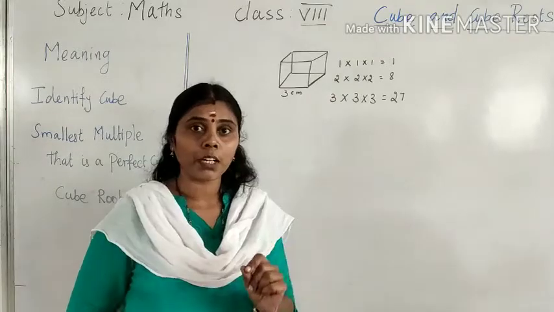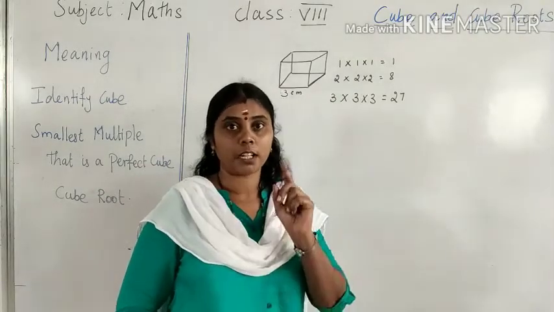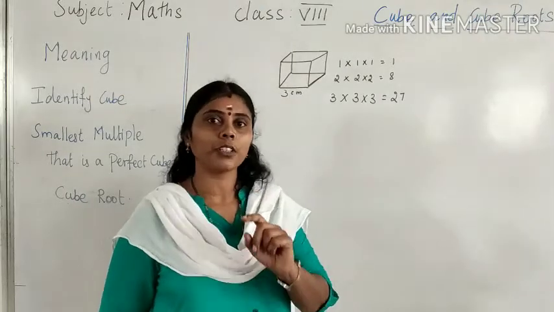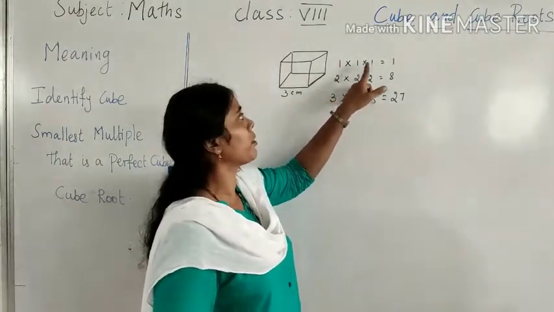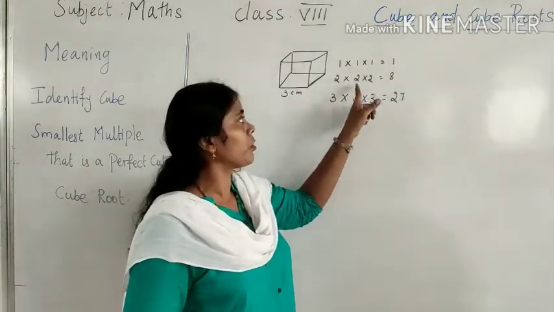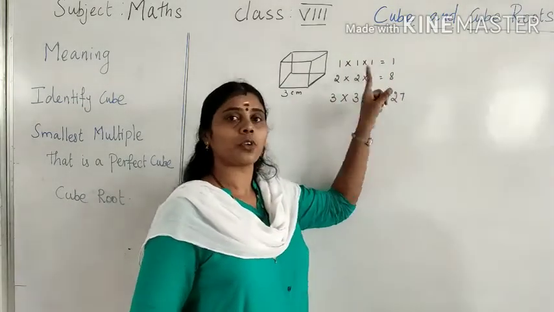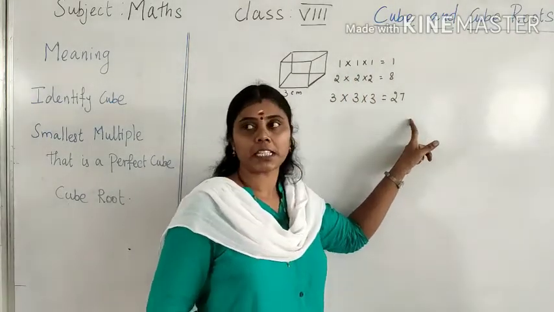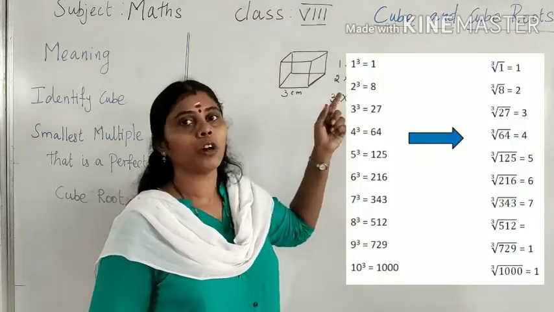So when the same number is multiplied 3 times, that is the cube of a number. Suppose 1 multiplied 3 times, that is the cube of 1. 2 multiplied 3 times, 8. 8 is the cube of 2. 3 multiplied 3 times, 27. That 27 is the cube of 3.